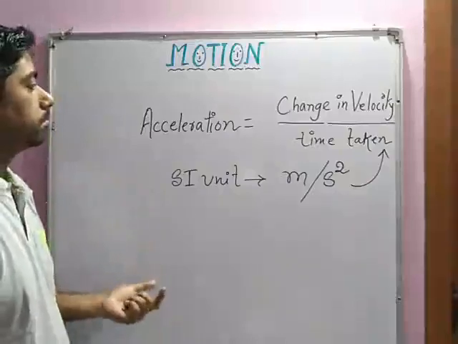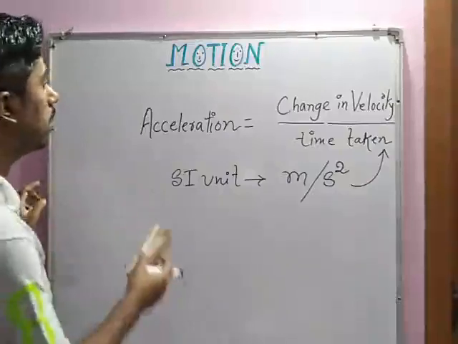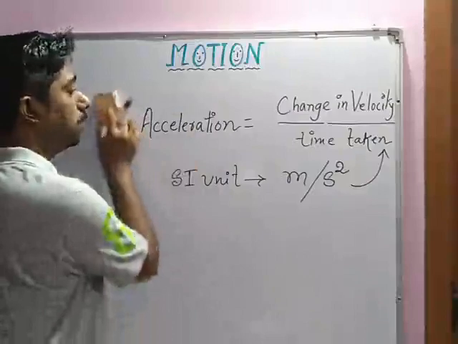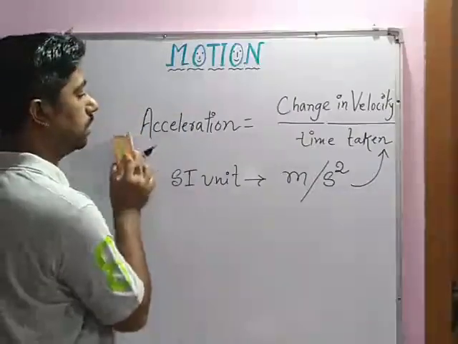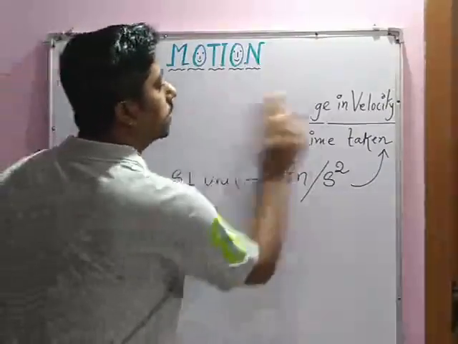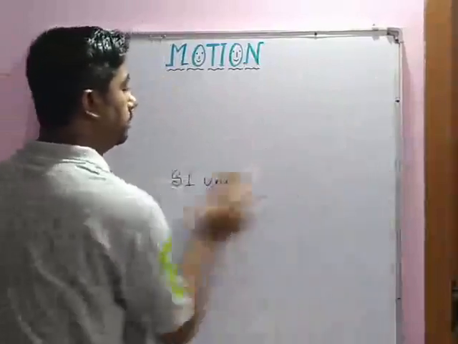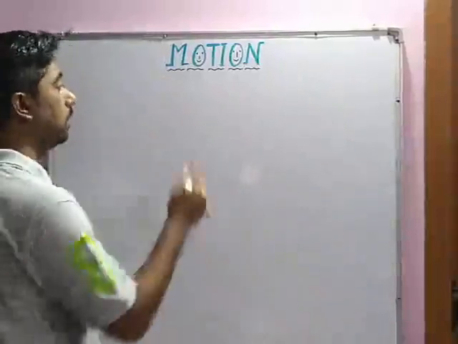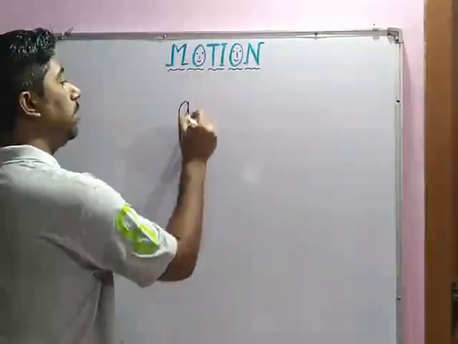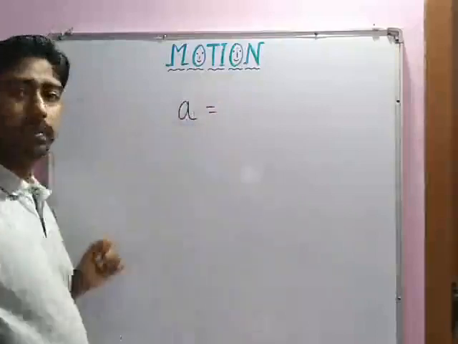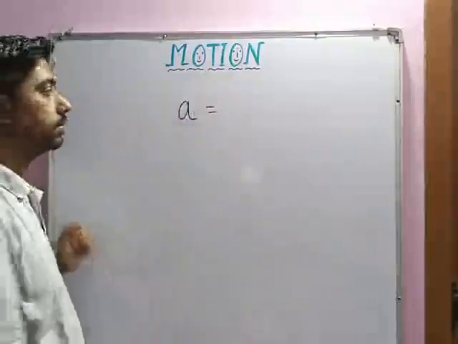Then let us try to write the formula for acceleration in symbolic form. Okay? Let's see what we have. Let a be the acceleration of a body.